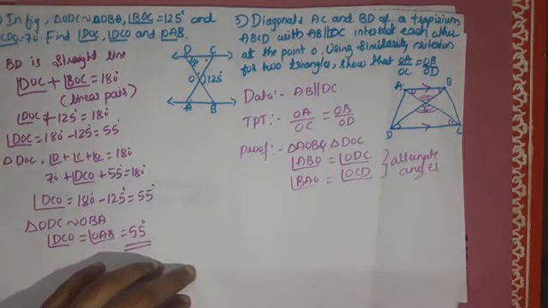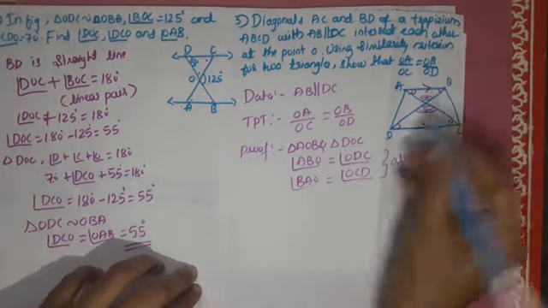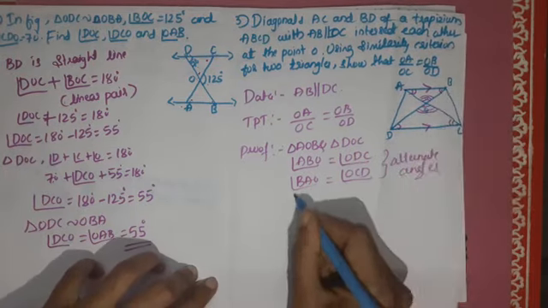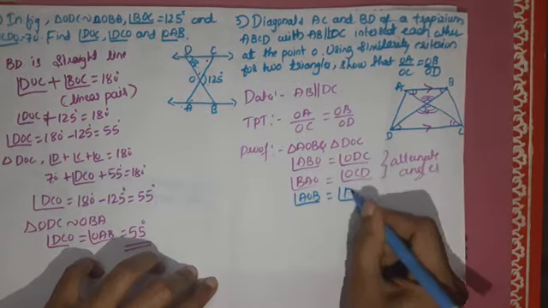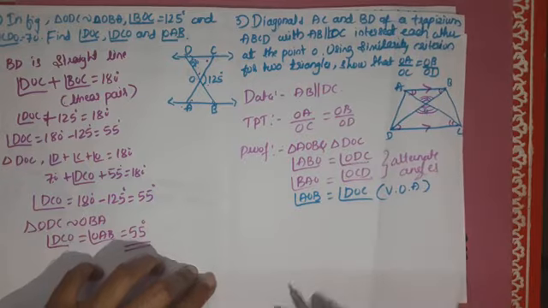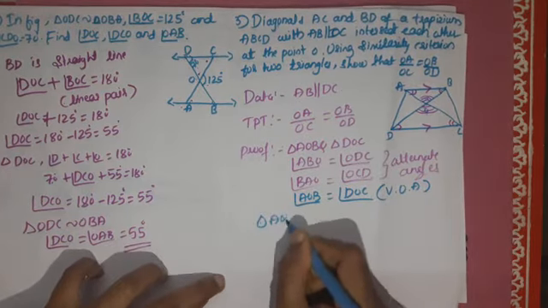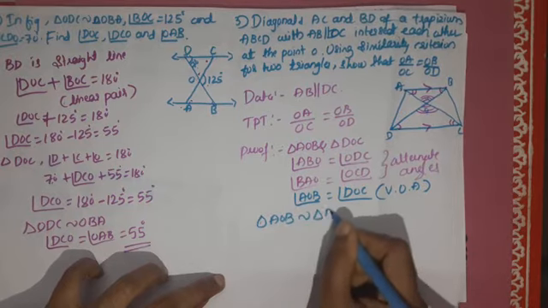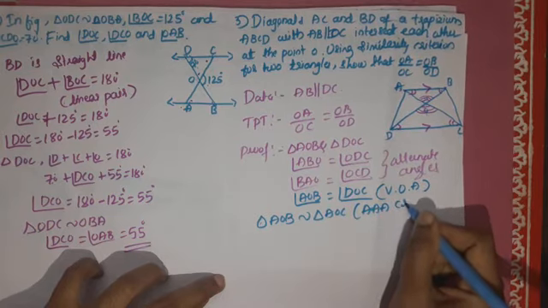Then next, the vertical opposite angles, that is AOB equals DOC. So these are vertical opposite angles. Then we have the angle criteria. By the criteria, the two triangles are similar by the angle similarity criteria.